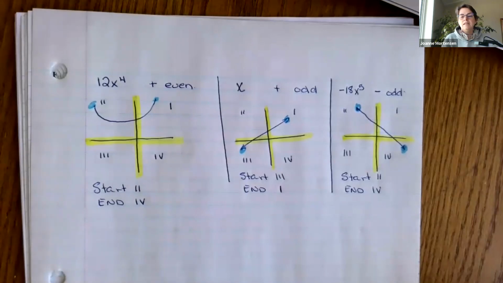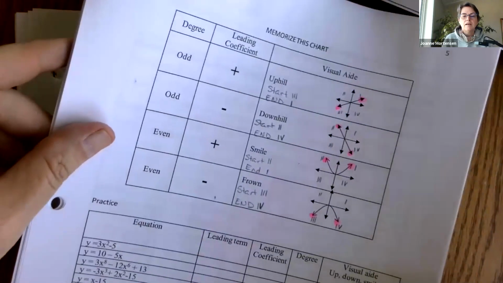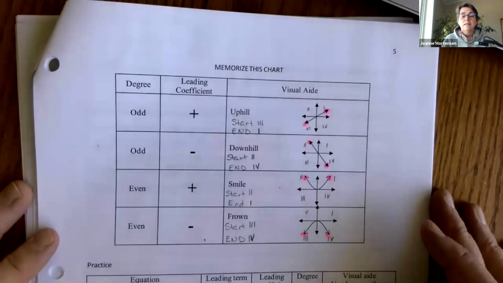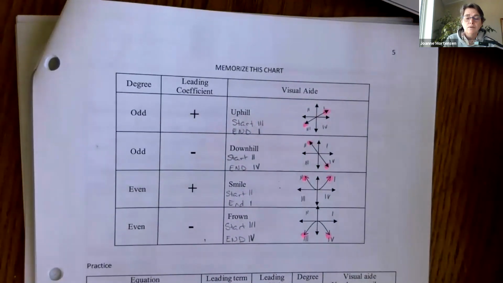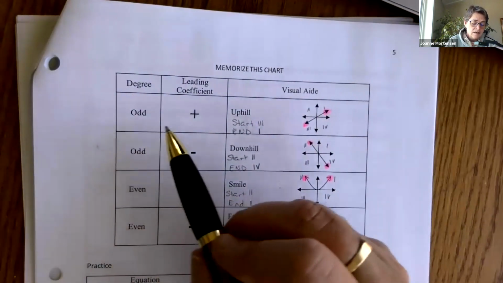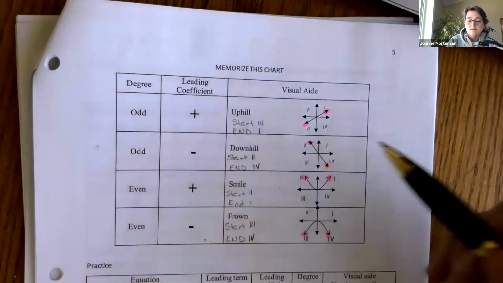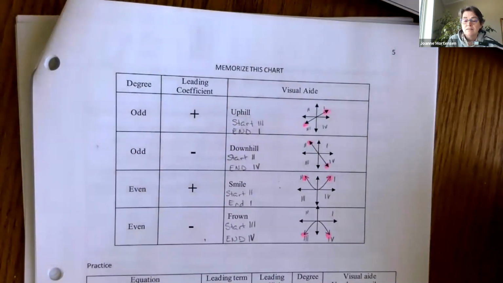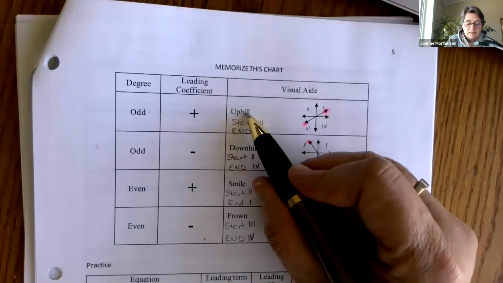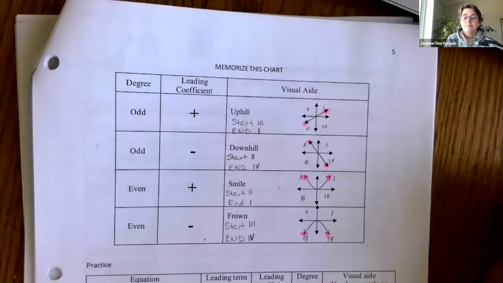So you need to memorize this. Okay, so it's your visual aid. Like I said, there are some people that are cool and they can remember that an odd degree positive starts in 3 and ends in 1. I'm not that person. I just remember it does uphill and I have to do that little diagram.